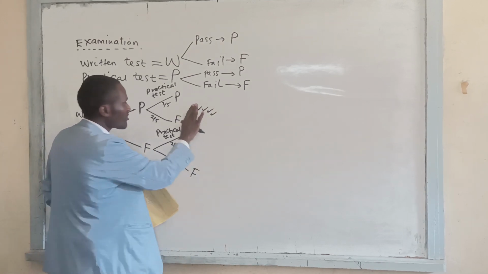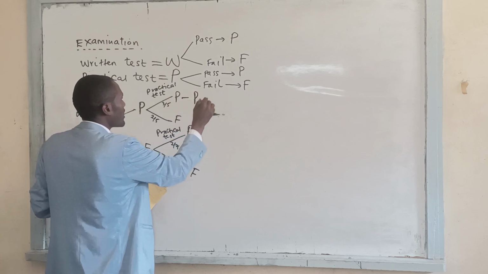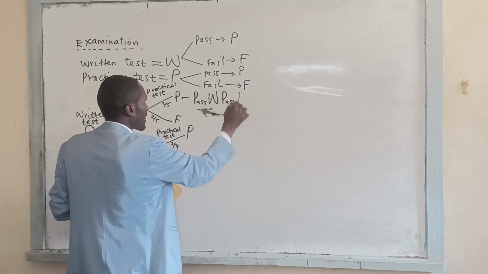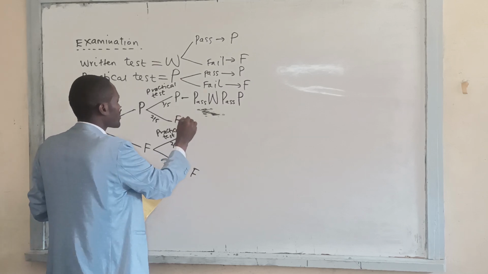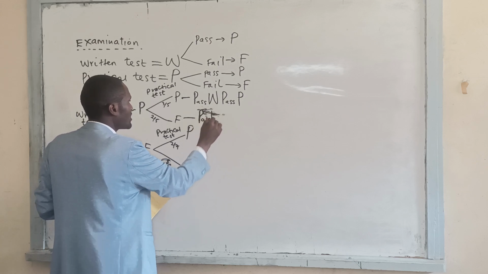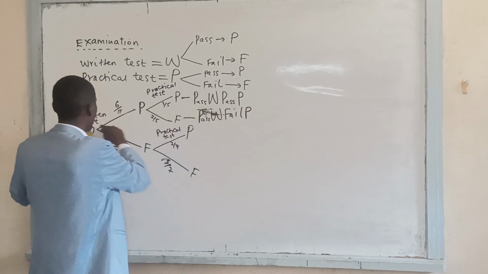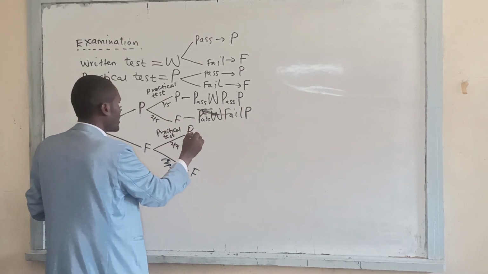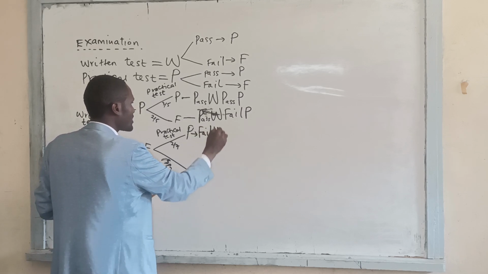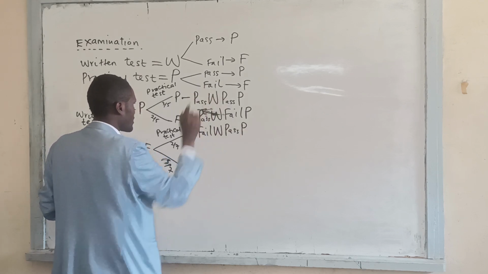And of course, we can capture the possible outcomes here. So this means pass written test and also pass practical test. And this is going to be I pass the written test, but I fail the practical test. And here, fail written test and pass practical test.